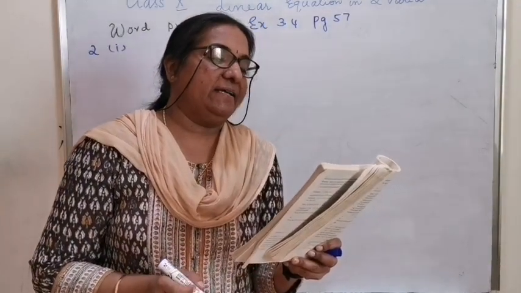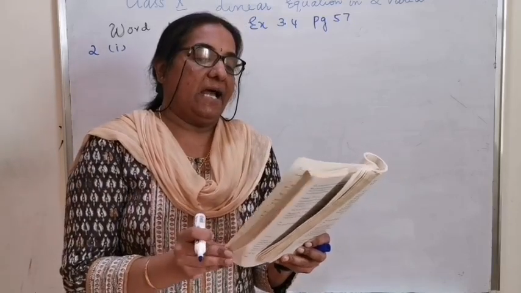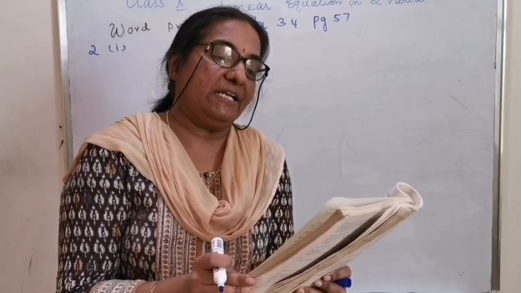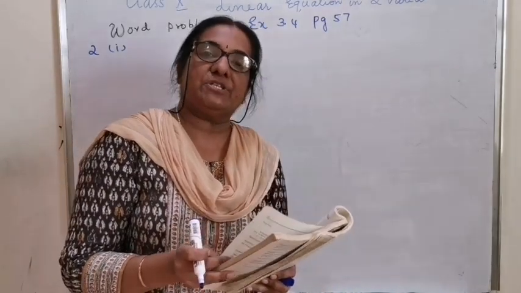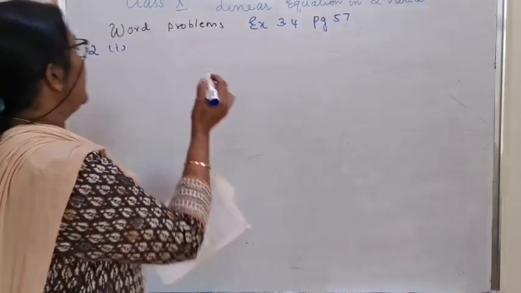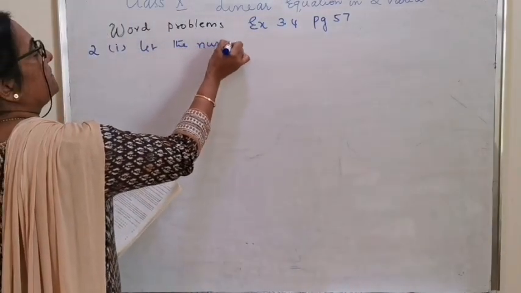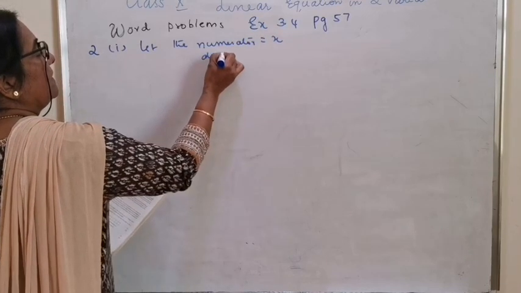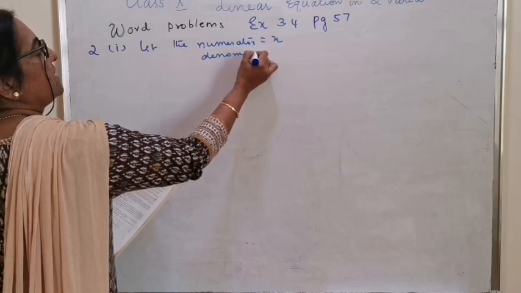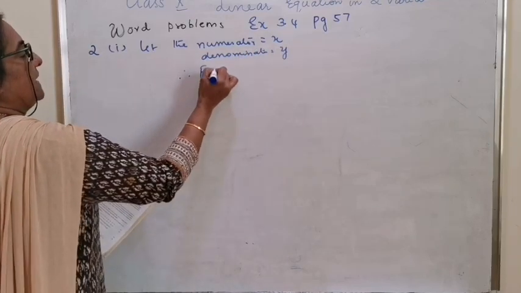If we add 1 to the numerator and subtract 1 from the denominator, the fraction reduces to 1. Reduces means becomes. That is, let the numerator be x, denominator be y. Therefore, the fraction is equal to x by y.